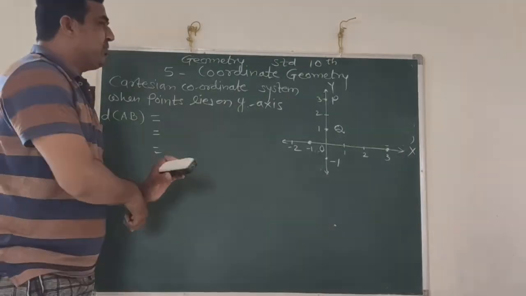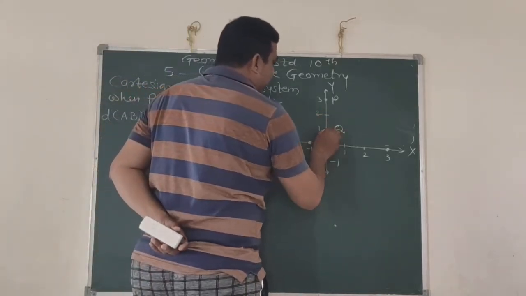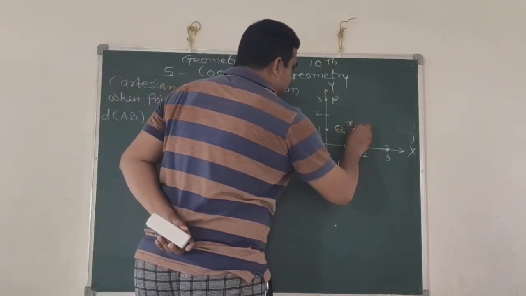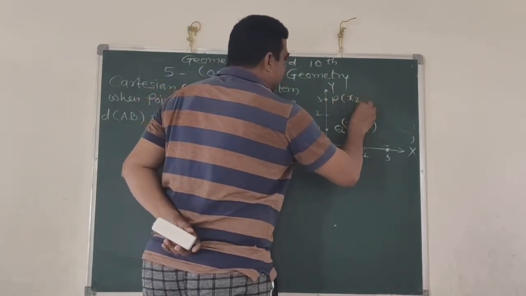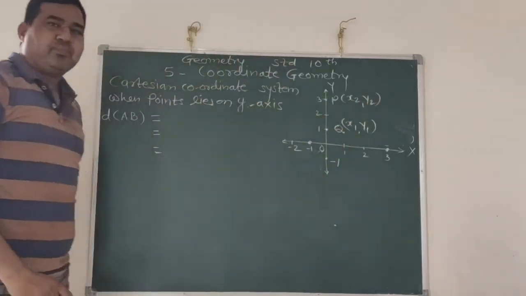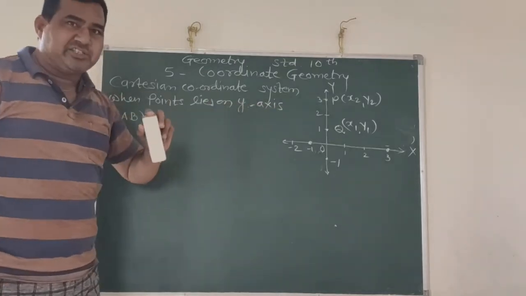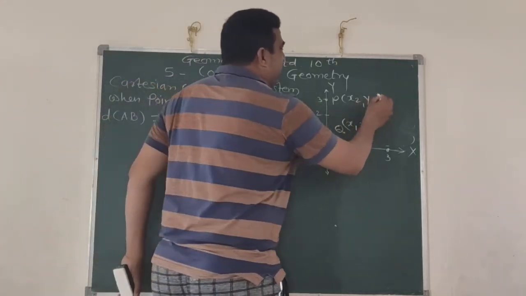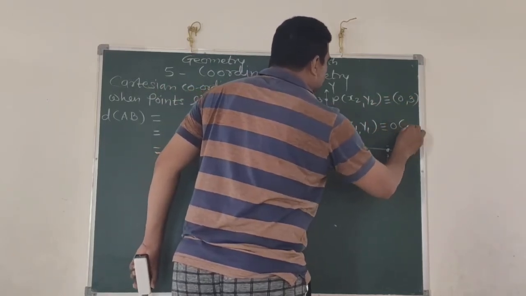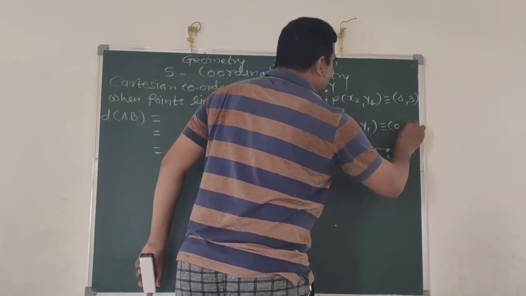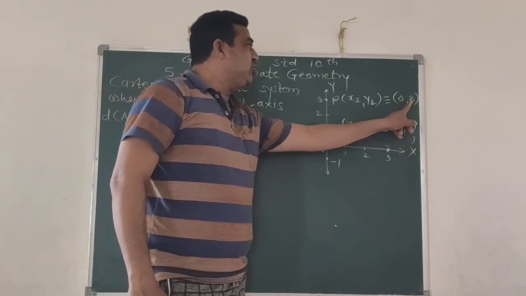So if we consider the coordinates of point P and point Q, x1, y1 and x2, y2. As these points lie on the y-axis, the x coordinate is 0. So if I write this in the form of coordinates, that will be 0, 0 as x1, y1, so y1 is 0, and 0, 3 as x2, y2, so y2 is 3.